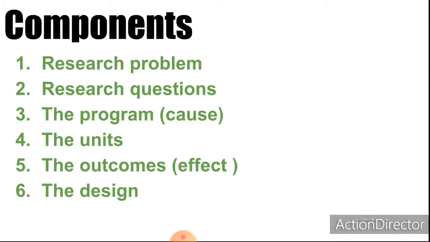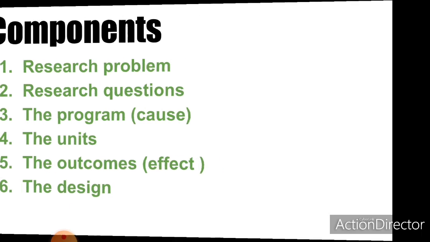That means first the researcher finds the research problem, then makes research questions based on the research problem, then finds the program or course, then identifies the units or population. In this unit, the researcher conducts research. Based on this research, there is an outcome or effect, and based on that, the researcher makes a design. So, these are all about descriptive and causal research design.